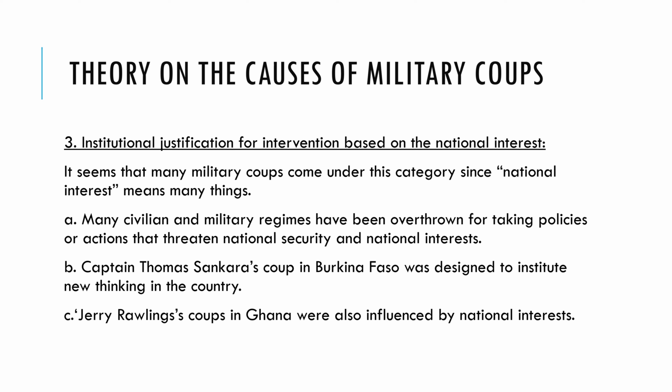3. Institutional justification for intervention based on the national interest. It seems that many military coups come under this category since national interest means many things. And there are many examples to cite from. A. Many civilians and military regimes have been overthrown for taking policies or actions that threaten national security and national interest.